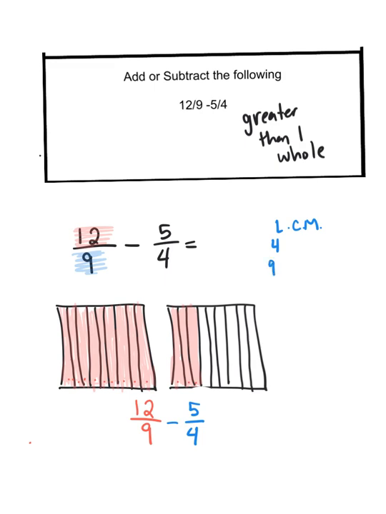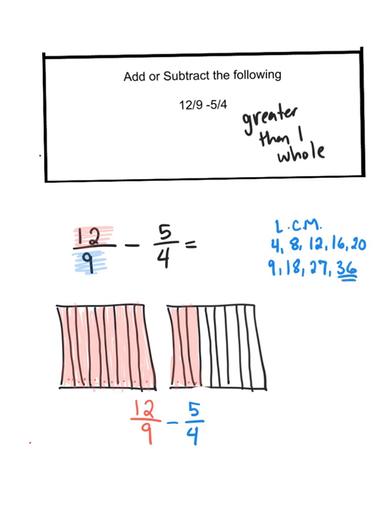Okay, so let's skip count. 4, 8, 12, 16, 20, and 9, 18, 27, 36. Yeah, I think it's going to be 36.